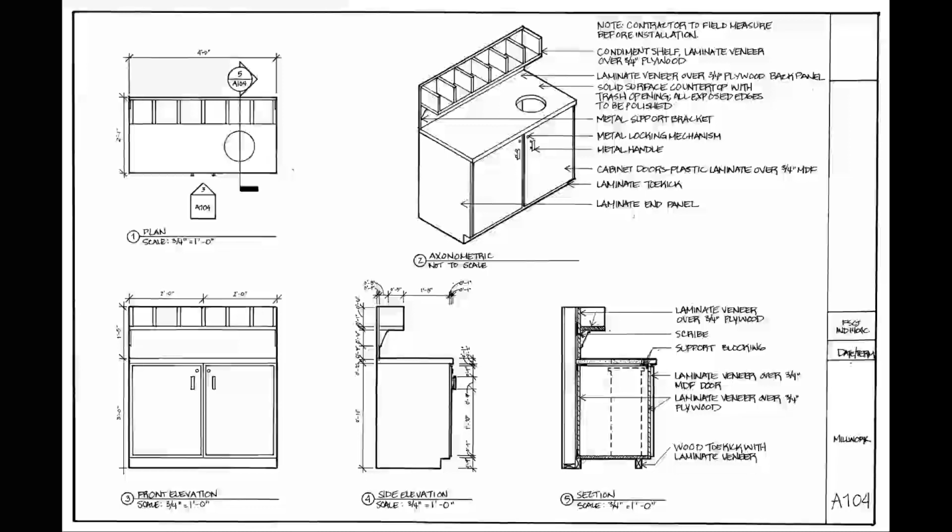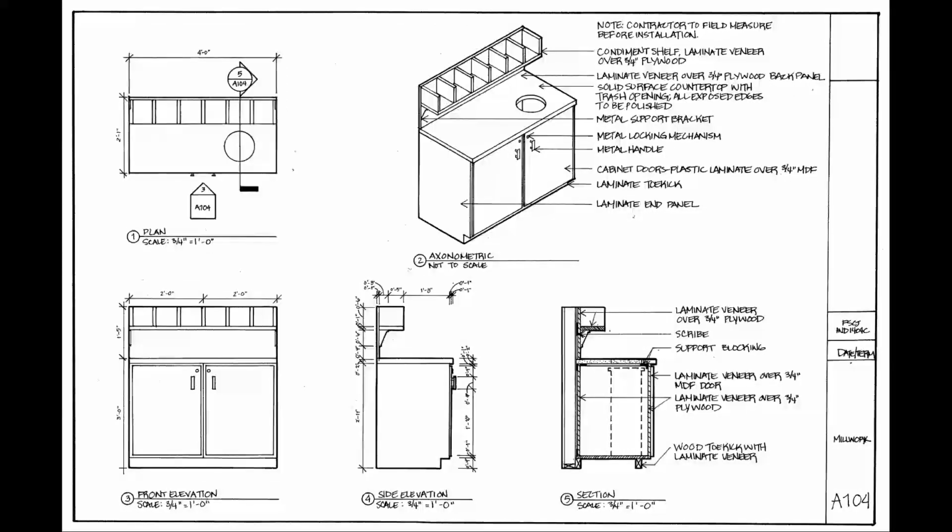So the first thing that you'll notice here is that we have the same title bar like we've seen on preceding drawings, and in this one it's A104, and what's shown on here is millwork. You can see that on the right hand side. You can see that the drawing numbers are put in sequential order, from 1 through 5.